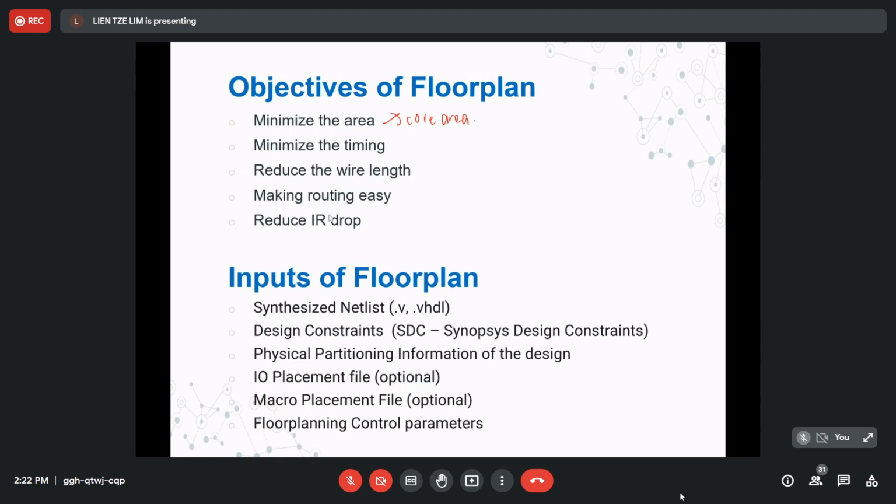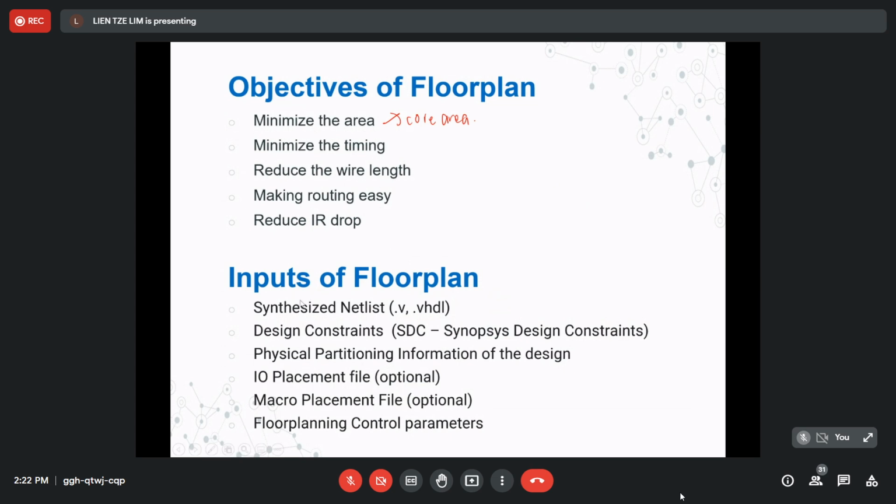Other than that, to create the floor plan, there are some inputs that we must have. These are the inputs to be used for the floor plan.